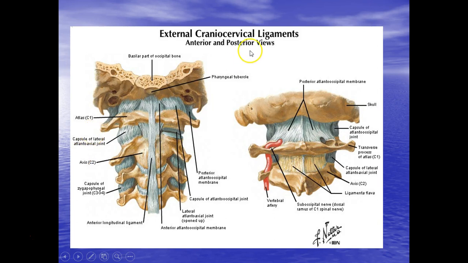So this is looking at an anterior view on the left and a posterior view on the right of the upper cervical region.